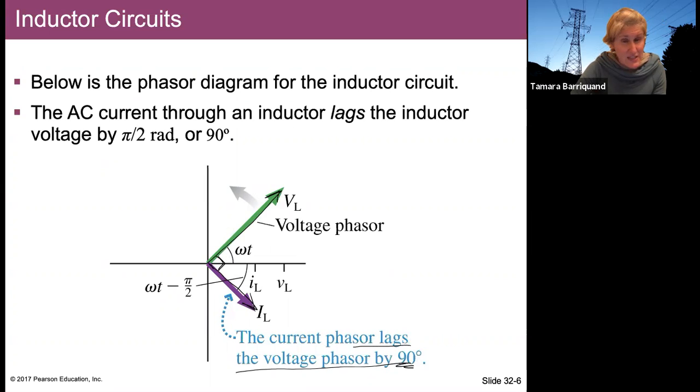So now that we see that there is that lag between the voltage and the current for an inductor, the next thing we want to do is think about what kind of reactance we can define for an inductor circuit.